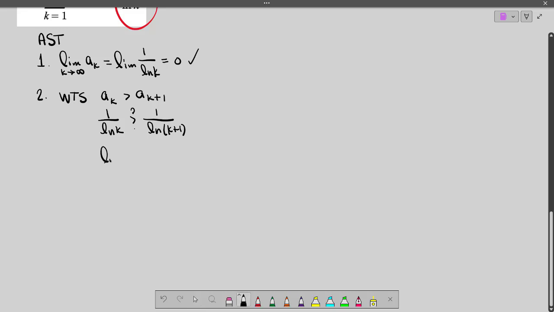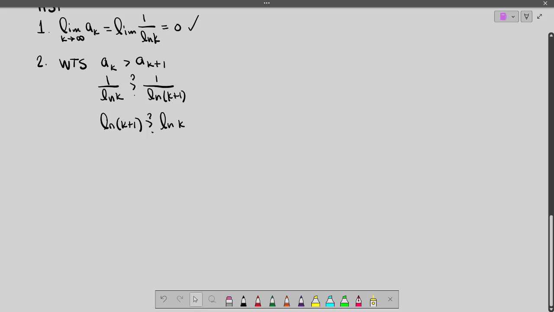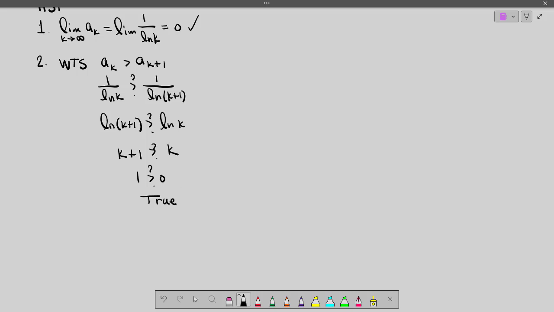We can cross multiply. Everything's positive, so we can exponentiate, or if you're an Algebra 1 student, you can just cancel out the ln. And then we get 1 greater than 0, and this is true. So that checks. So therefore, we have a series that converges by AST.